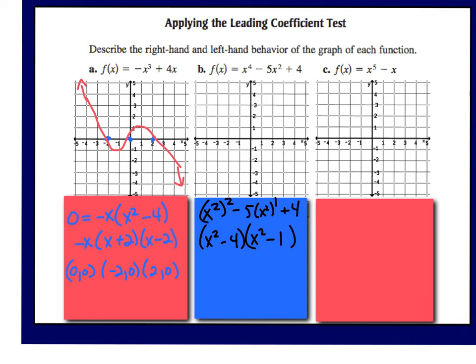You can factor it again. So this would be x plus 2, x minus 2. And then this would be x minus 1 and x plus 1. So then when I put the zero product property on it, I'd have zeros at negative 2, 0, and 2, 0, and 1, 0, and negative 1, 0.